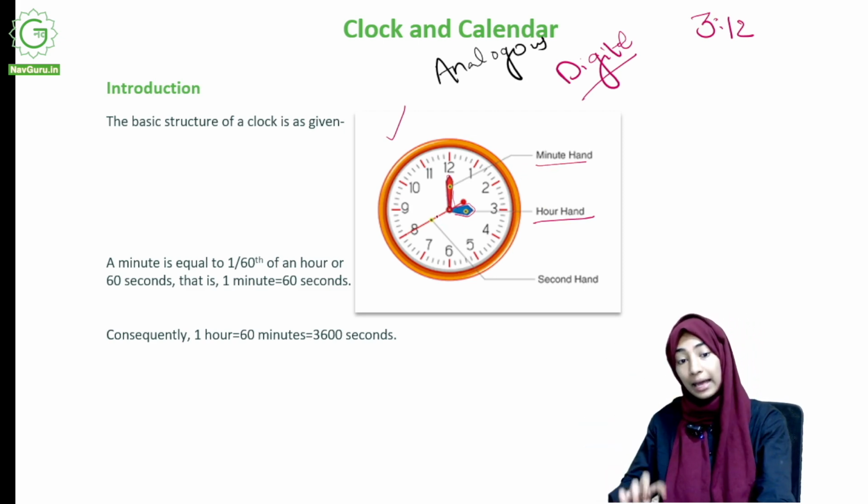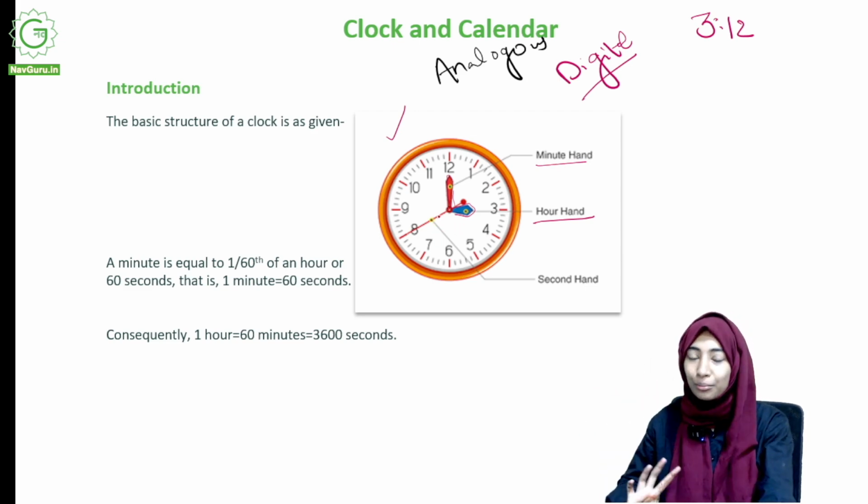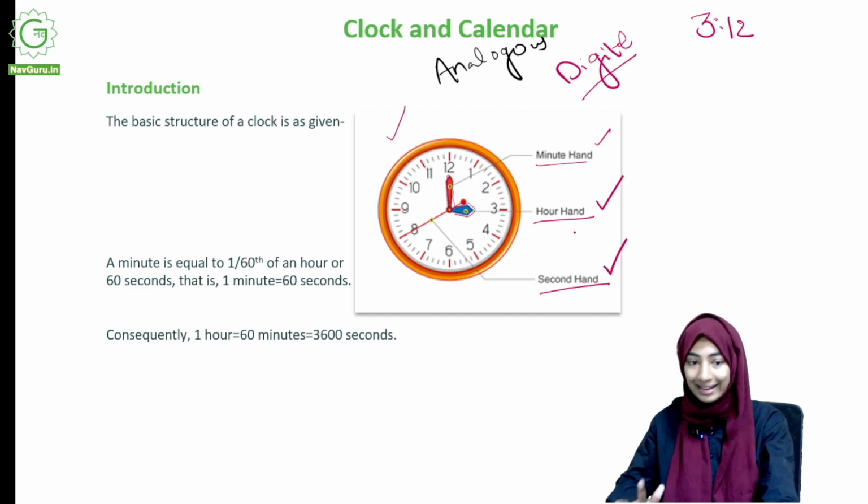Then there is an even longer hand which is usually very thin, and I think for almost all clocks this one is red. In all the clocks I can remember in my house, the second hand has been red. We call it the second hand. So these are the three parts of a clock in terms of the hands.